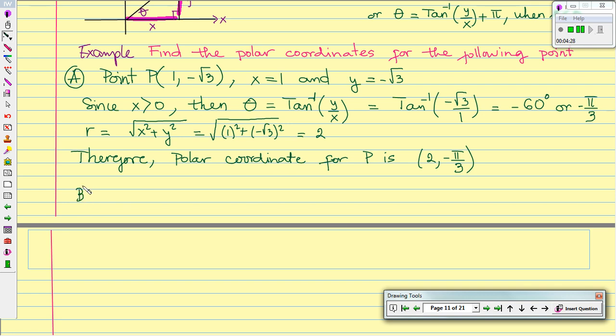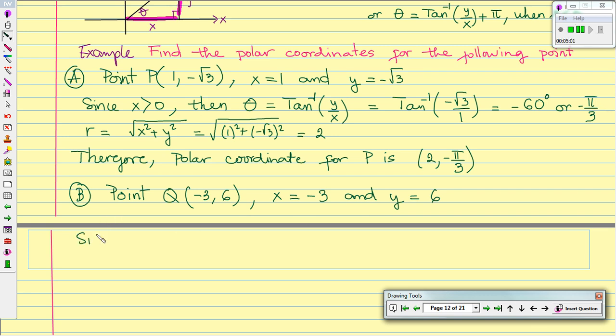Okay. Let's move on to example B. Now given the point Q, we have the rectangular coordinate x is negative 3, y is 6. So remember here x is negative 3 and y is 6.